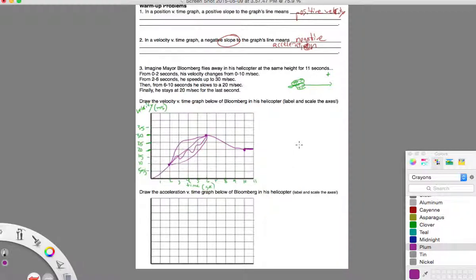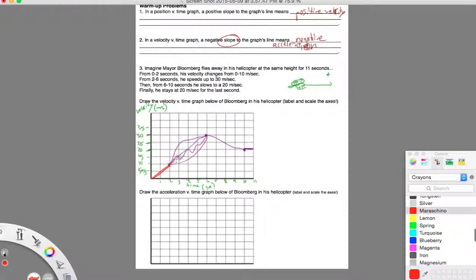Now it says draw the acceleration versus time graph below for Bloomberg and his helicopter. Now, this is where drawing straight lines would help. So I'm just going to write over this with a strong color. Let's use this red color. I'm going to make these straight lines just to make my life easier.